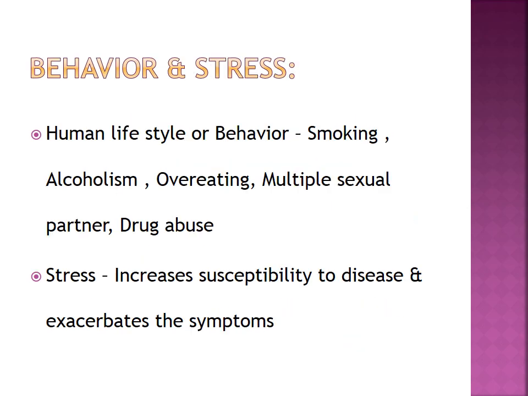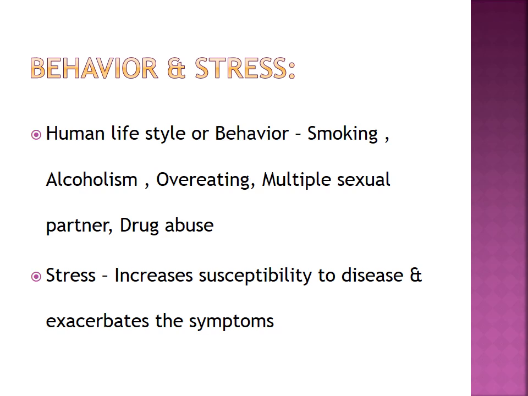Behavior and stress also play an important role in non-communicable disease. Human lifestyle or behavior, like addiction to smoking, alcoholism, and drug abuse, also plays an important role. Smoking makes one prone to lung cancer and coronary artery disease. Alcoholism makes a person prone to liver disease.